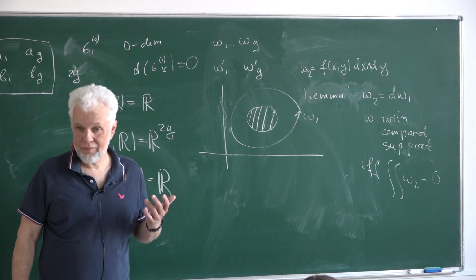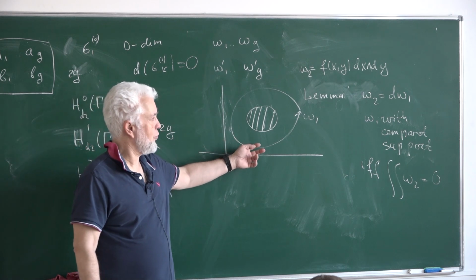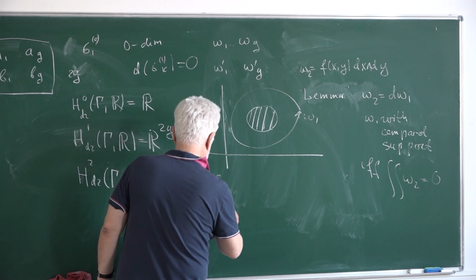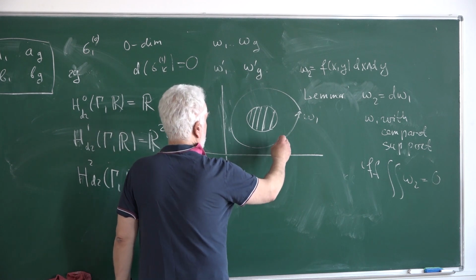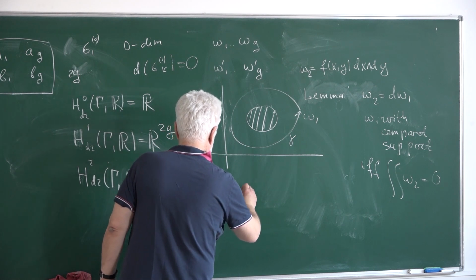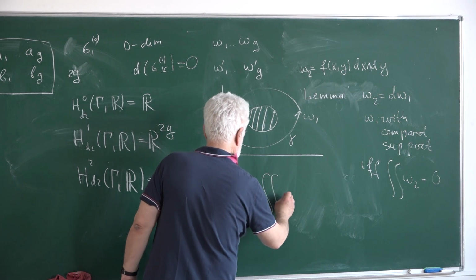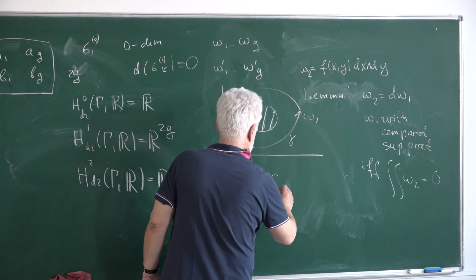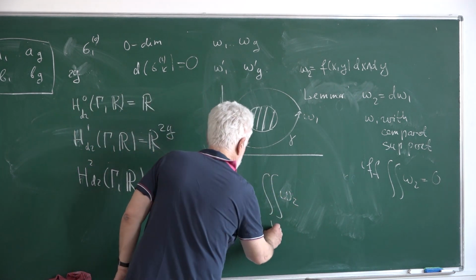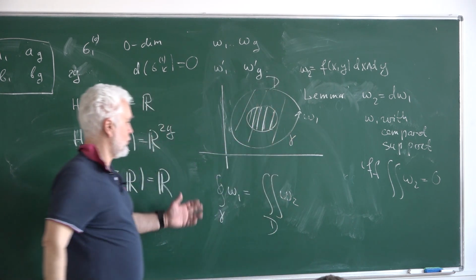Using Stokes theorem, the integral over this contour gamma of omega 1, you agree, D is this area inside this contour.